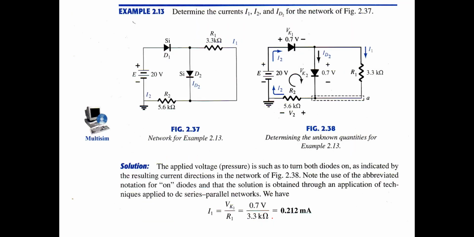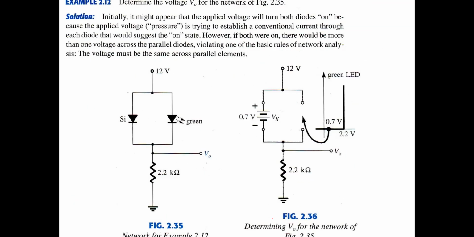And then for this question, determine VO for the network here. This is the 12 volt input voltage, and we have the parallel connection of a silicon diode and a green LED like this one. We have to check whether the silicon diode and green LED are on or off by checking the input voltage.